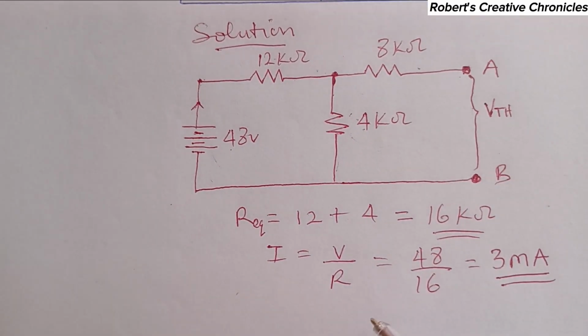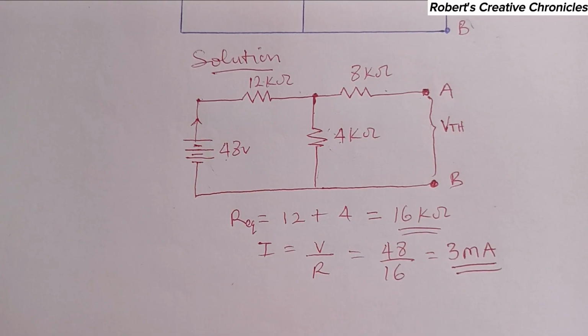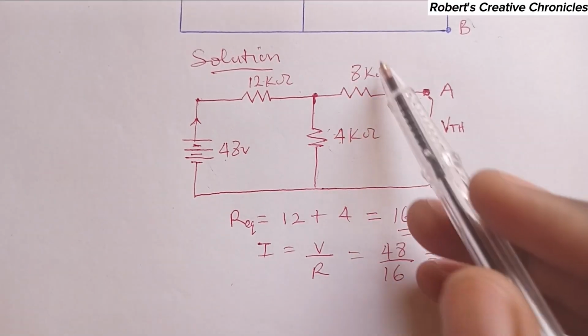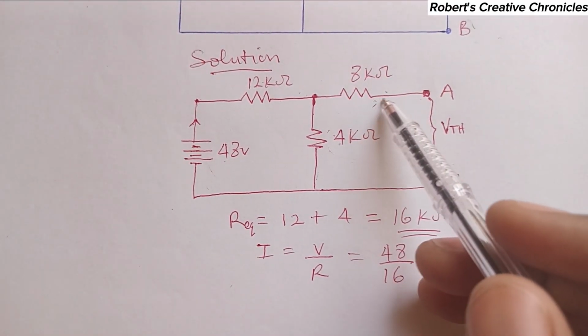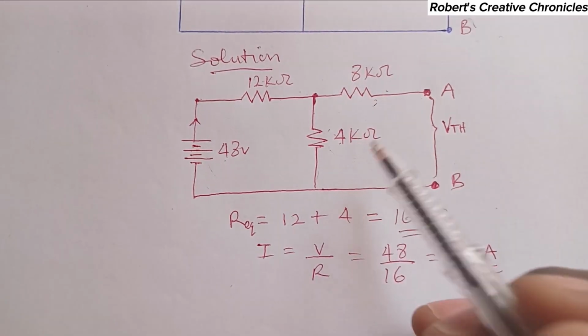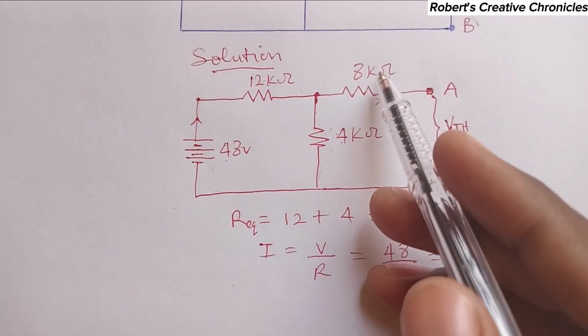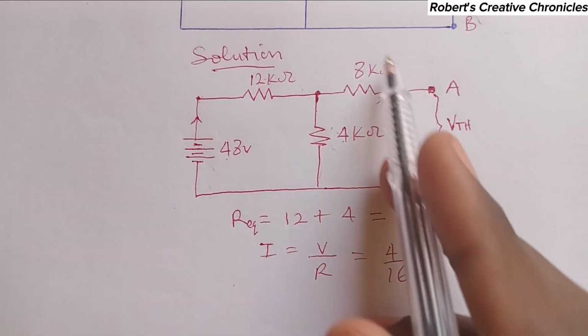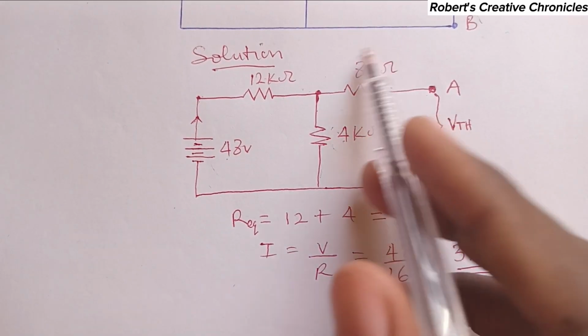Since this 8 kilo ohm resistor circuit does not exist because of the lack of current, the current here is 0, and the voltage here is also 0. So the voltage and the current in this resistor is 0.